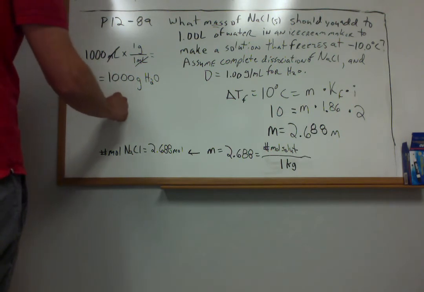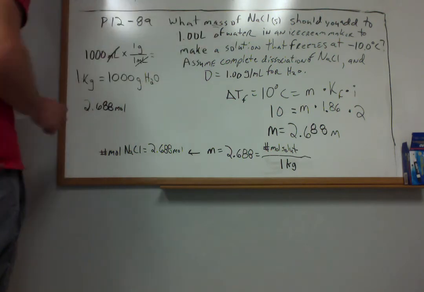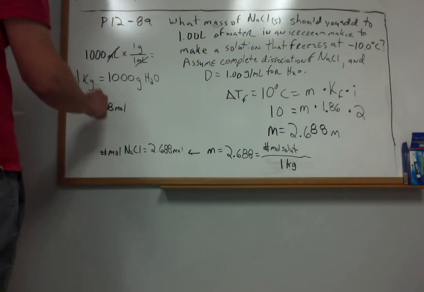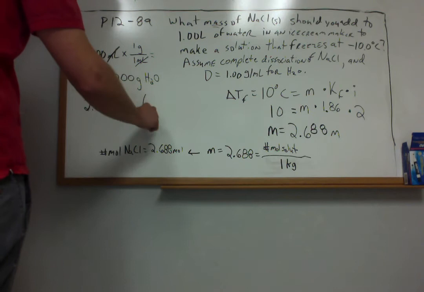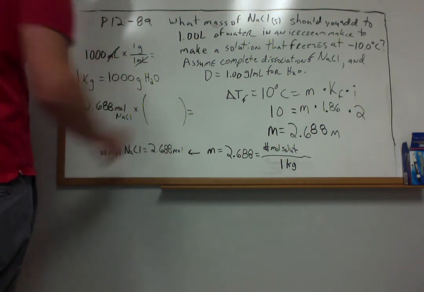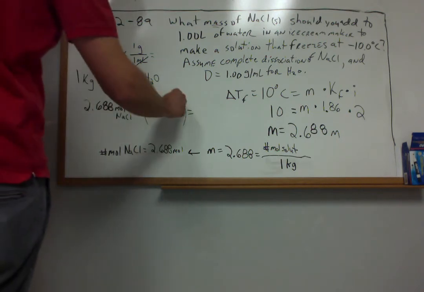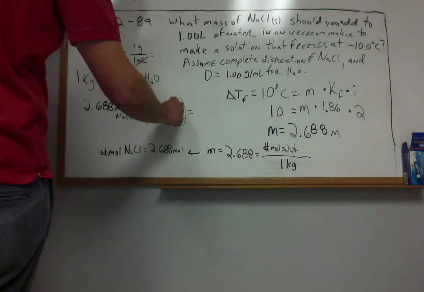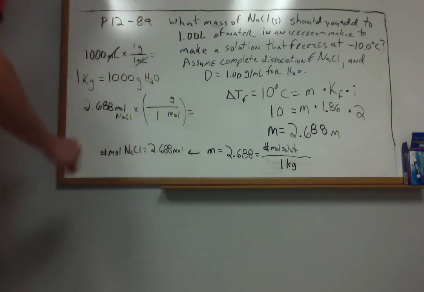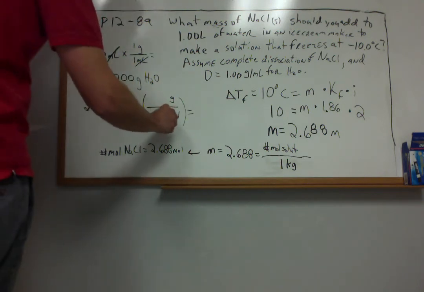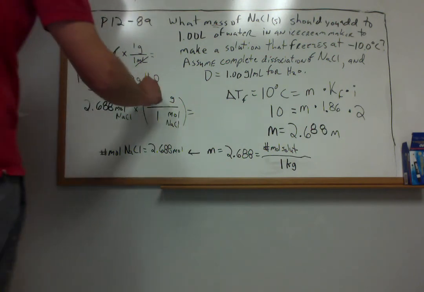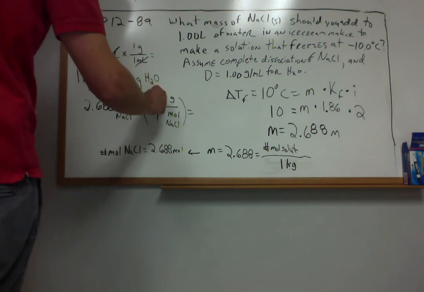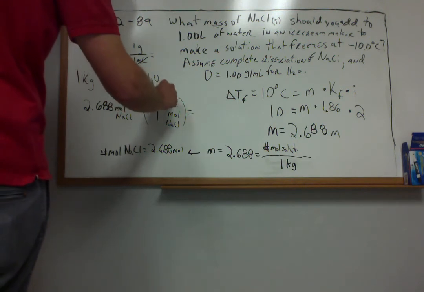We again want to know the number of grams of sodium chloride that's required. We now know how many moles that's required. Surely we can do a moles to mass conversion by using the appropriate conversion factor. That 1 mole of sodium chloride has a mass of the formula weight of sodium chloride, which corresponds to 58.44.